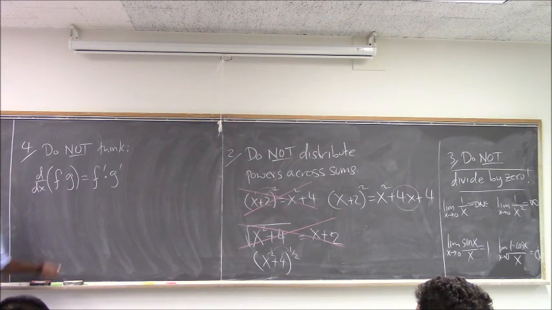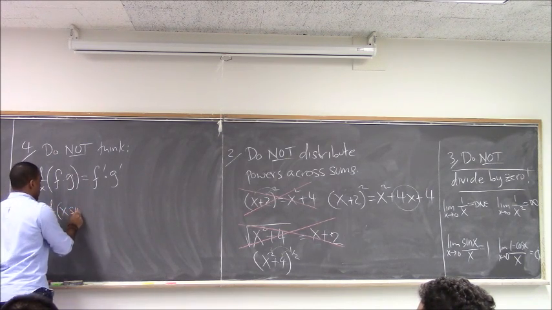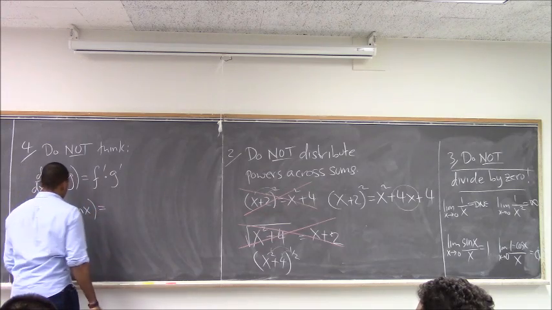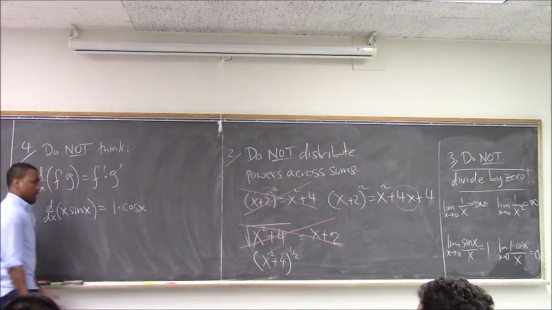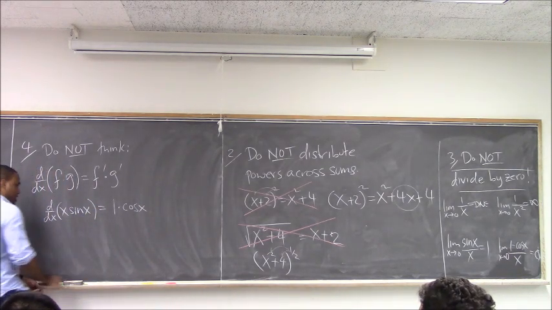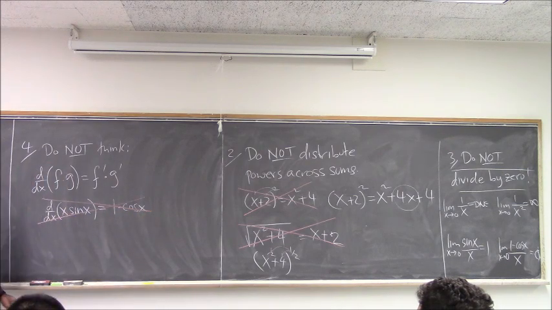So you'll see people trying to differentiate x times sine of x, and they write, oh, that's 1 times cosine of x. No, it's not. That's not true. That's not correct.